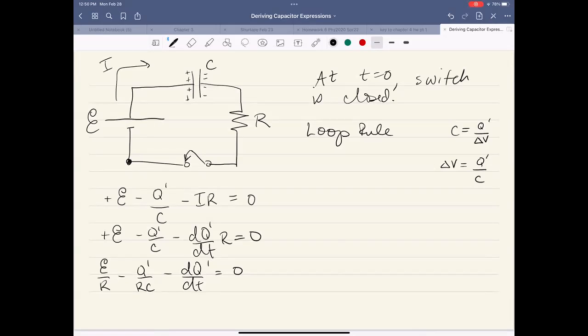So first step, I'm going to take my dQ dt over to the other side of the equation. EMF over R minus Q prime over RC is equal to dQ prime dt. Okay. And now what I can do is I can multiply both sides of the equation here by dt. And that moves that dt over to the opposite side of the equation for my dq.